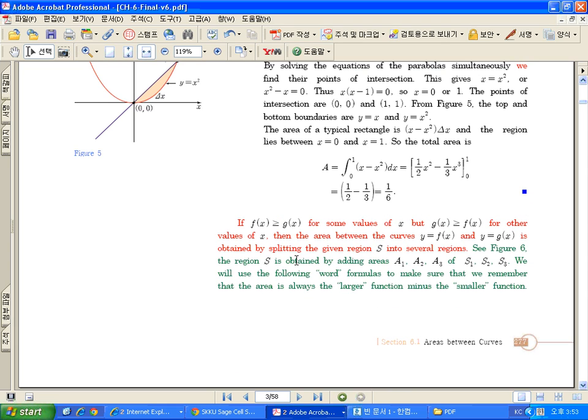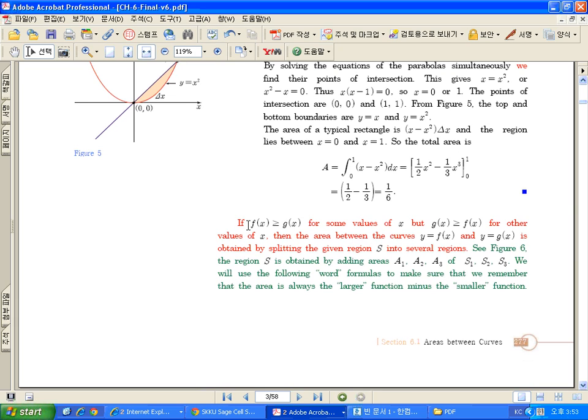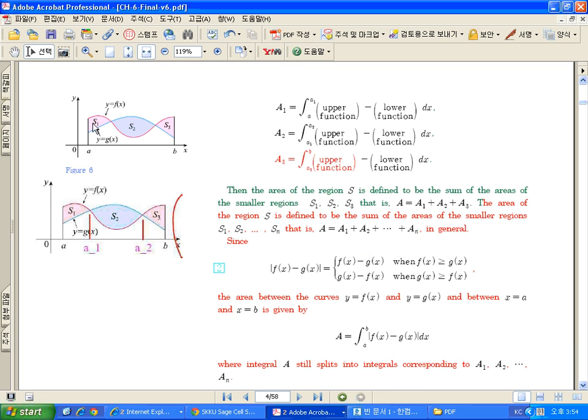Okay. But in general, for two functions f(x) and g(x), the value of those functions can be bigger in some intervals and smaller in other intervals, like what you see here. Even though you have a function f(x) like this and a function g(x) like this, you have three different intervals, where f is over g, g is over f, and f is over g again.